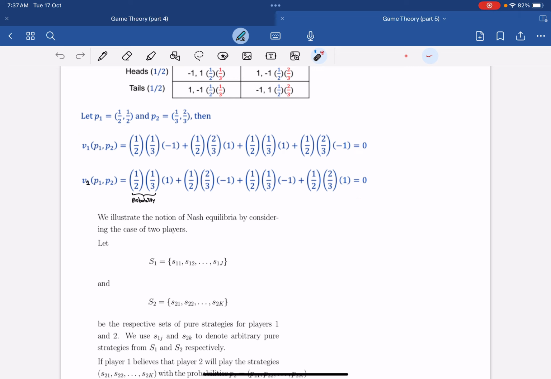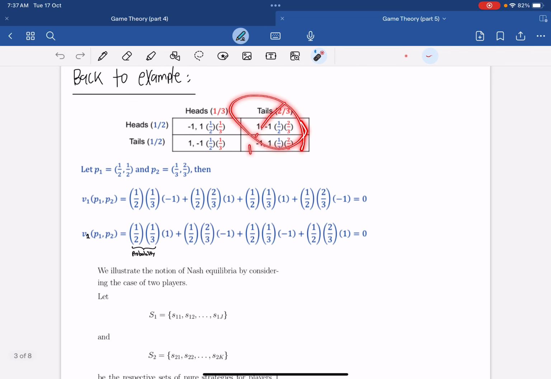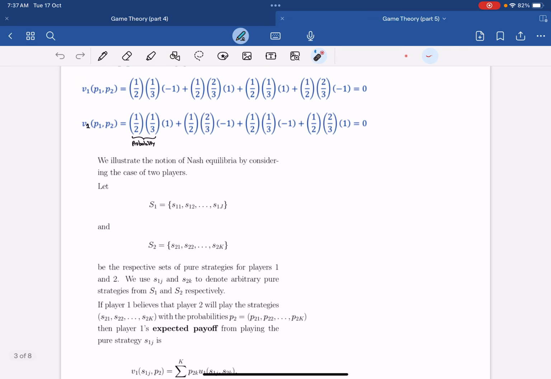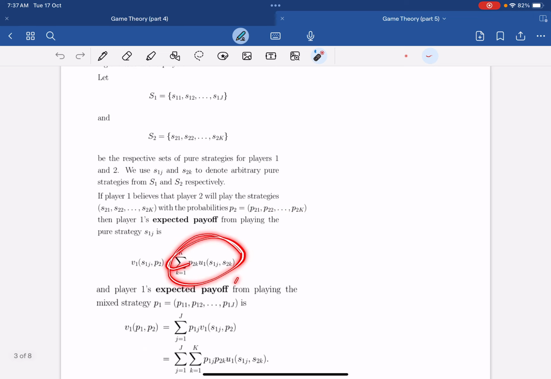We will now illustrate the notion of the Nash equilibrium by considering the case of two players, which is what we have seen. And so, if player 1 believes that player 2 will play the strategies with this probability, then player 1's expected payoff will be the weighted sum. So this is your probability of occurring, and this is your payoff of that event.